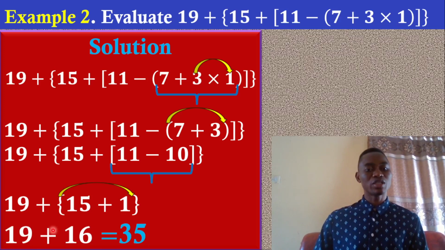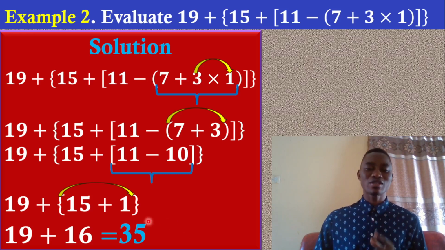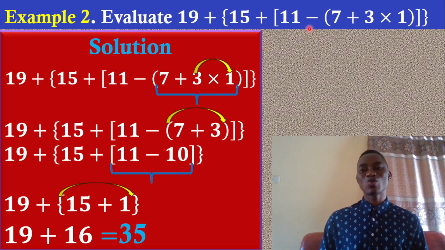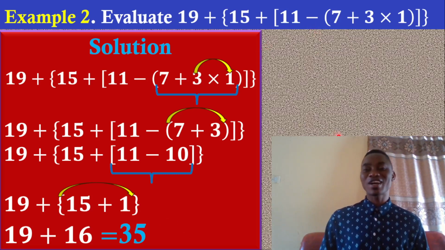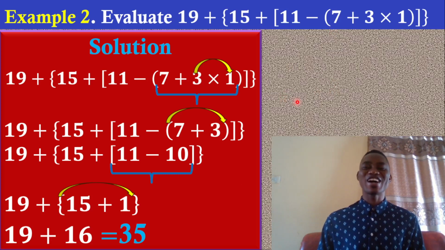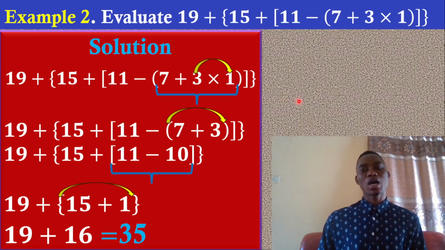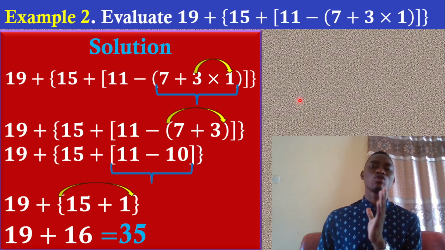Then we'll have 19 plus 16, which gives us 35. This is the correct answer to this question. Any other answer aside from 35 is not correct. So just apply the rule very well.